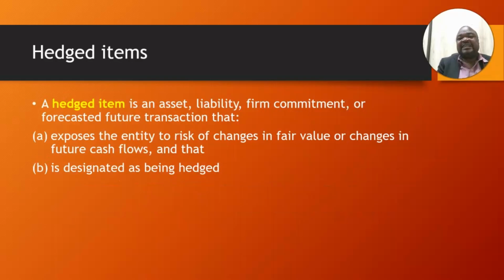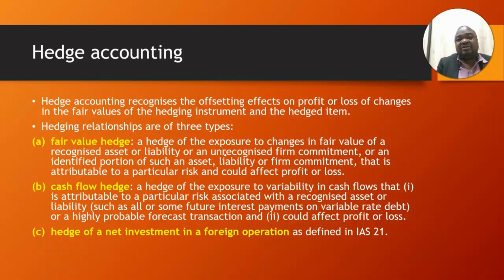A hedged item is an asset, liability, firm commitment or forecasted future transaction that exposes the entity to risk of changes in fair value or changes in future cash flows, and that is designated as being hedged. How do you account for hedging? Hedge accounting recognizes the offsetting effect on profit or loss of changes in the fair values of the hedging instrument and the hedged item. Hedging relationships are of 3 types.